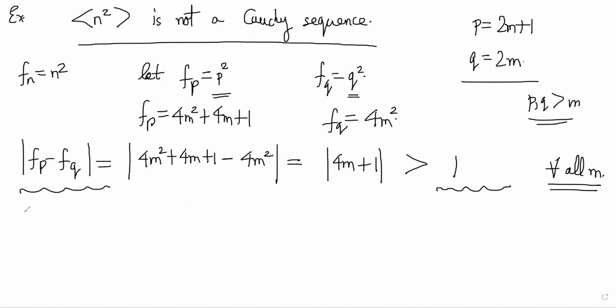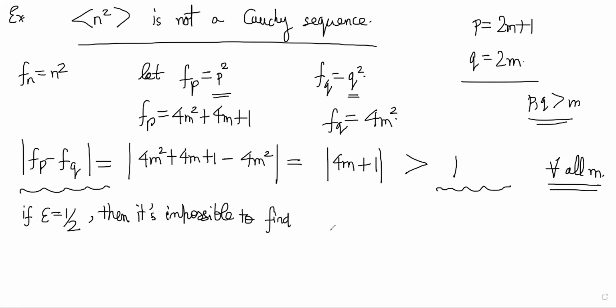So for a Cauchy sequence, if you pick epsilon to be half, then it will be impossible to find.